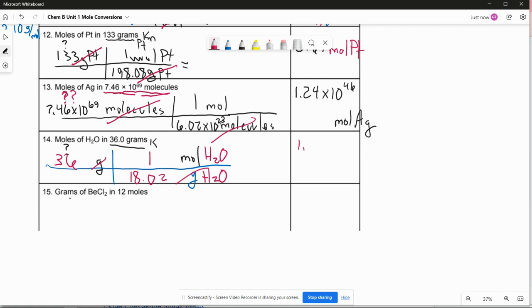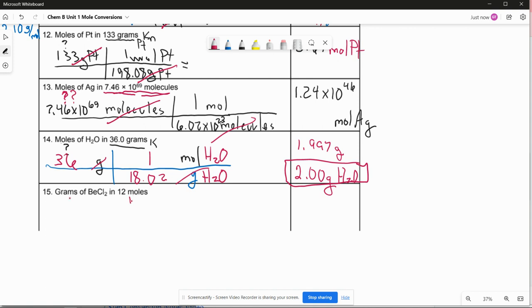So I'm going to write 1.997, but I'm also going to write 2.0 because either one of those I'm going to accept from you. Actually, which one is going to be on your bingo game? Let's go with the bottom one there, 2.00 moles of water, because that's what we would round it to if we were being careful.